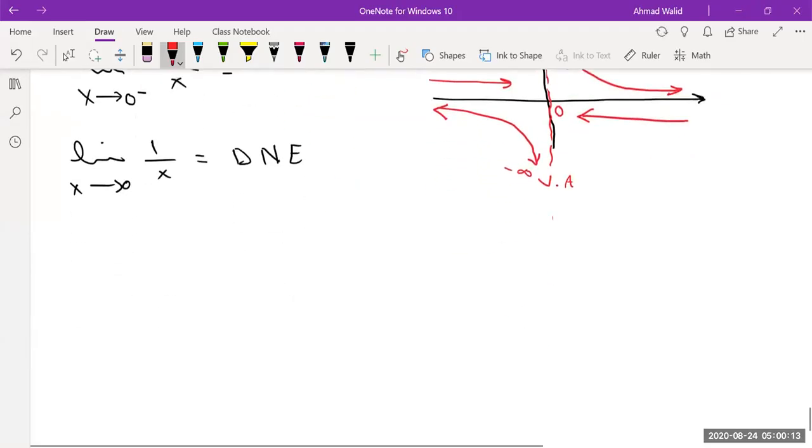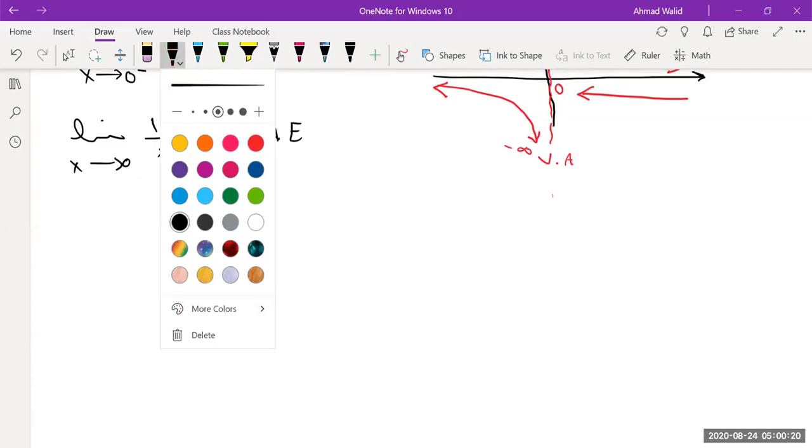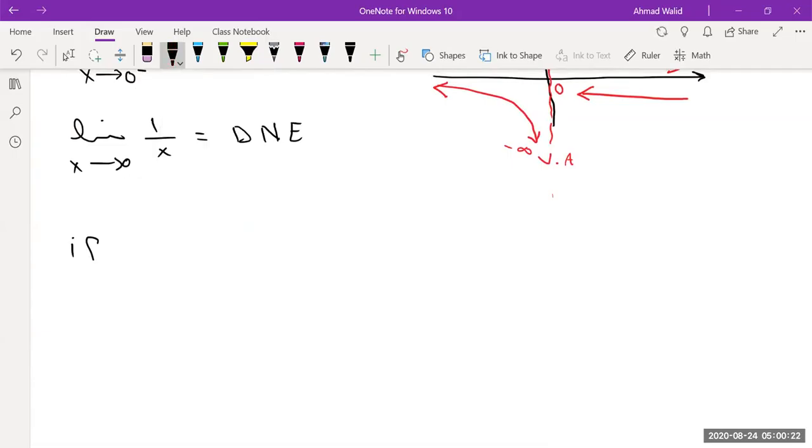Now, some general notes. The limit of f of x as x approaches a number from left or right. I'll put both of them here, plus, minus, because I'll give you a general form. It gives you plus or minus infinity, correct?